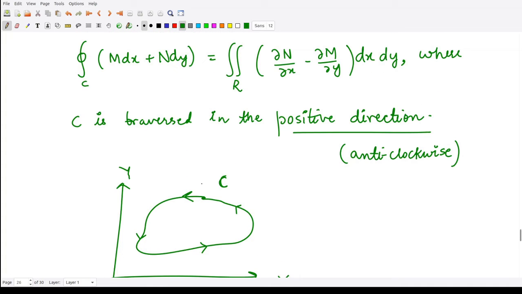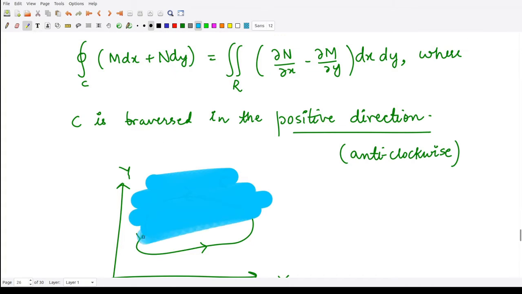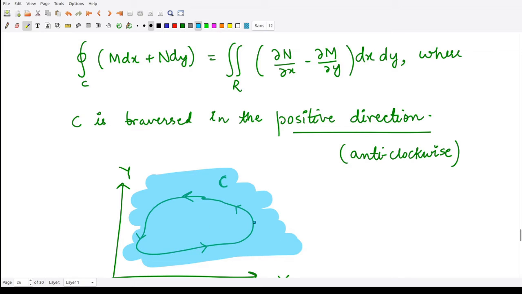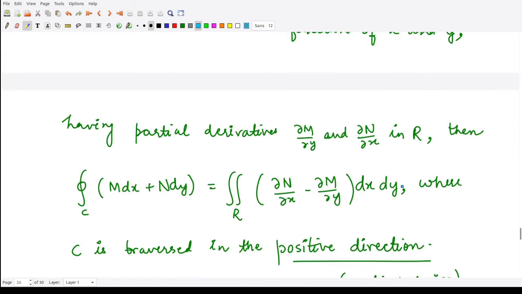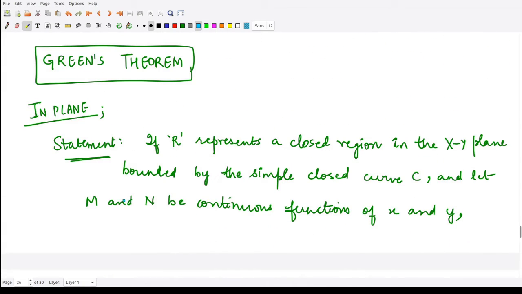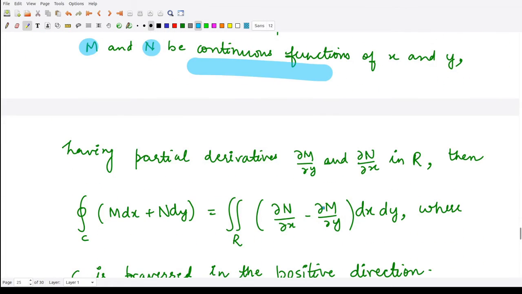So suppose we have a region like this. In this region we have some curve C, and in this region also we have the functions M and N, which themselves are continuous functions of x and y, and their partial derivatives also exist.